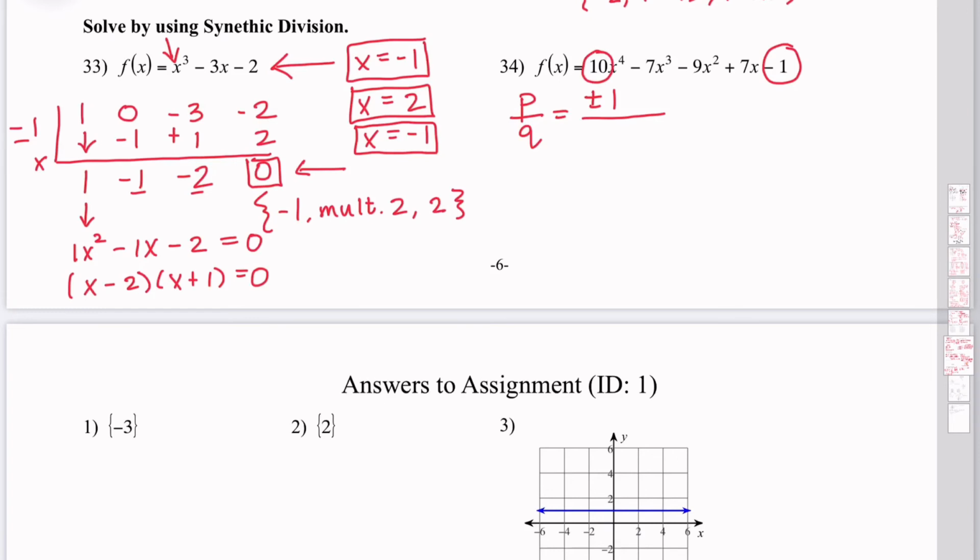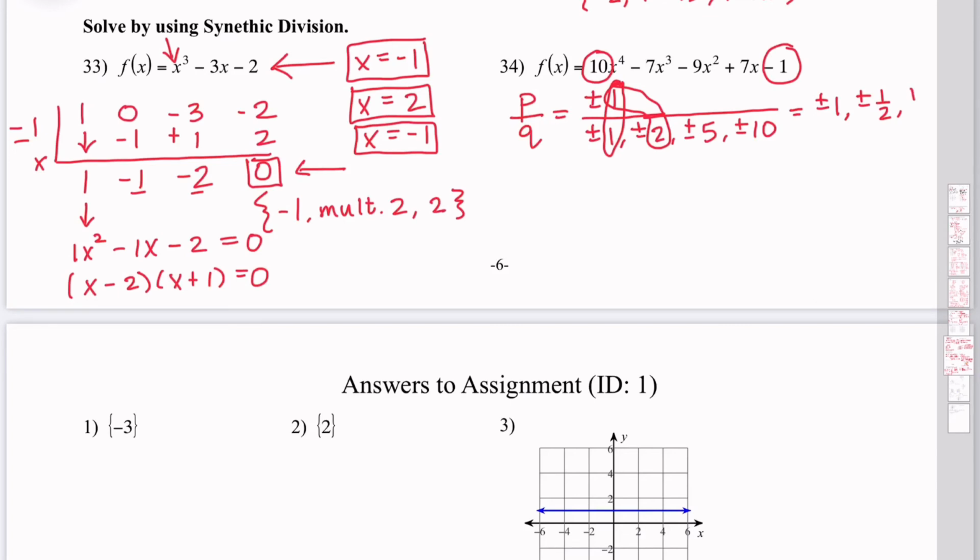And 10 has factors of plus or minus 1, plus or minus 2, plus or minus 5, and plus or minus 10. If we further simplify, we end up with plus or minus 1 divided by 1 is just 1. 1 divided by 2 is plus or minus 1/2, and so forth.